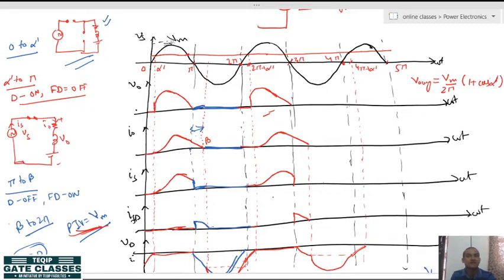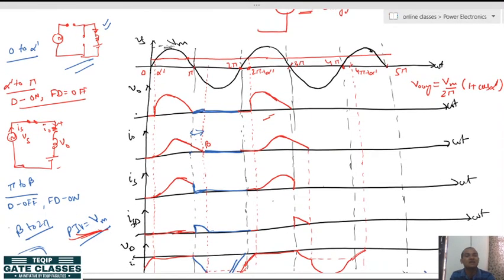You can check it: if alpha dash becomes 0, you will get Vm upon pi. So you can see that this average output voltage is greater than what we get in the RLE circuit. There, if you remember, we got a different average output voltage. So these are the advantages of using a freewheeling diode.